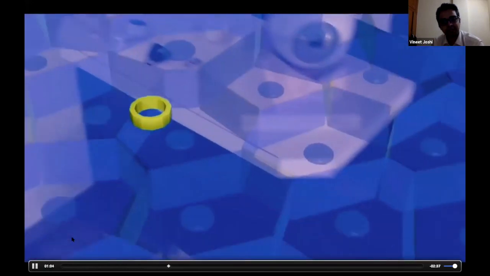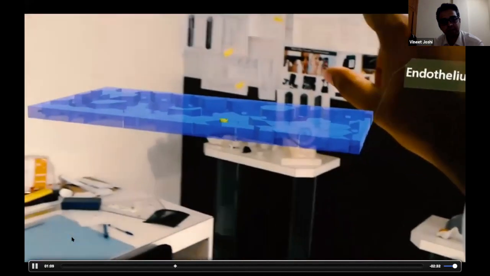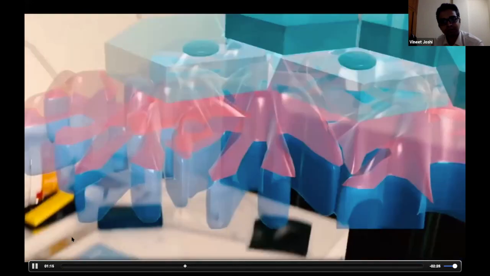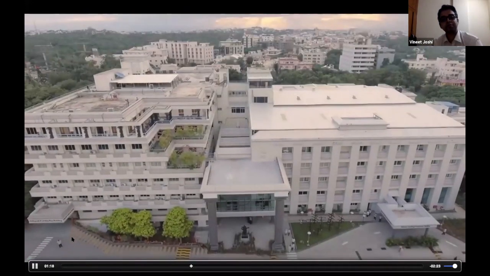There are many factors which contribute to this, but one of the most important factors is endothelial pump. And today, with augmented reality, you can walk into the endothelial cells, experience the pump yourself, and this is what I call transformational learning.